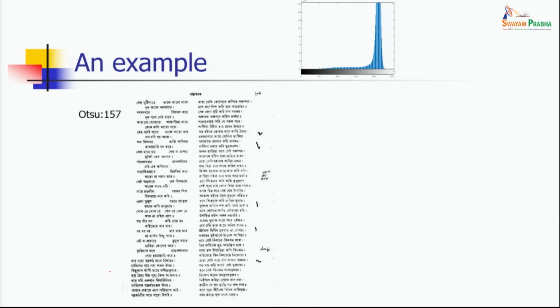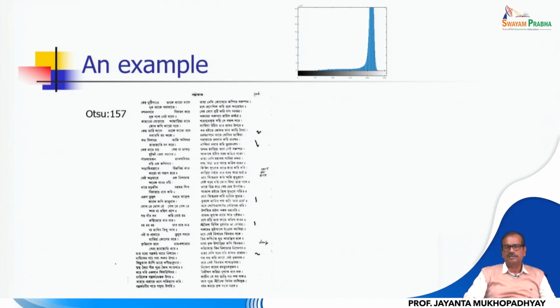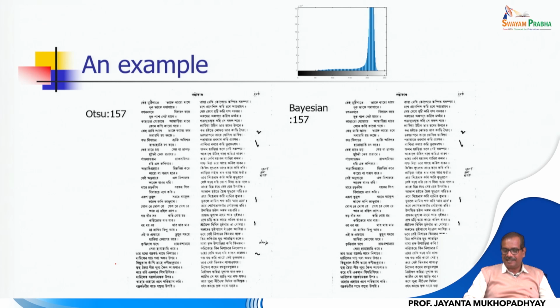Earlier also we intuitively took 157, and somehow the computation also gave it, and this is optimal in the sense that it avoids including noisy pixels and retains most of the foreground pixels. In the Bayesian case, very surprisingly, it also came to 157. But when you look at the image I have displayed, you can see that they are not the same.